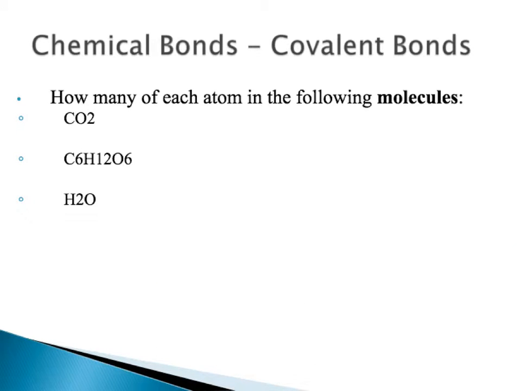All right. So in each of the following molecules, in CO2, how many atoms are in each? So for CO2, we have 1 carbon, we have 2 oxygen.